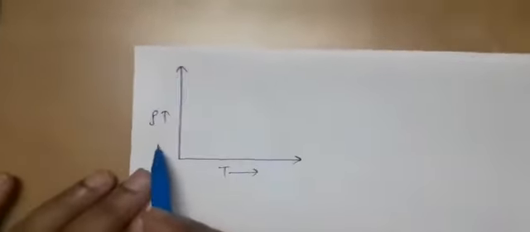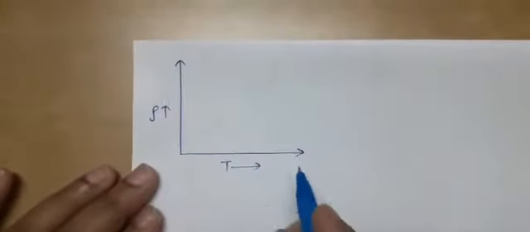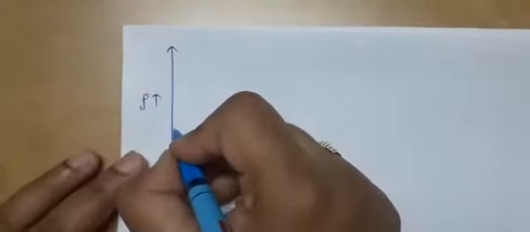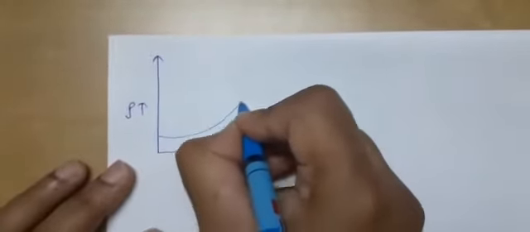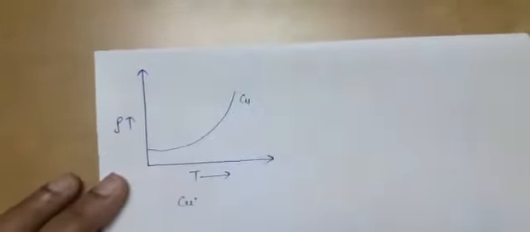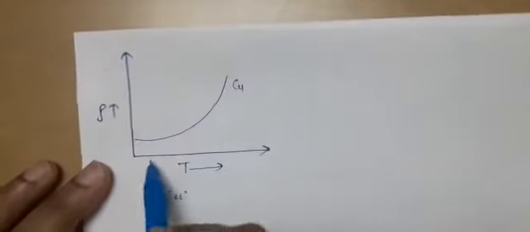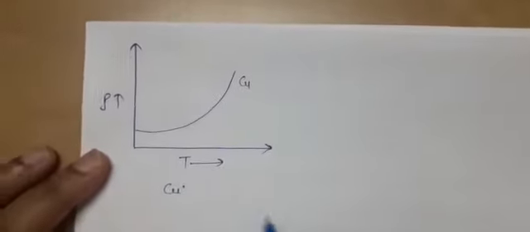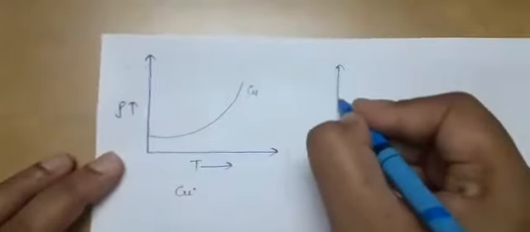Now when we plot resistivity with temperature, first of all we will plot it for copper. The graph is something like this, starting from the origin. With the rise of temperature, resistivity increases. Many times such kinds of curves can be asked to draw, so you have to practice it.